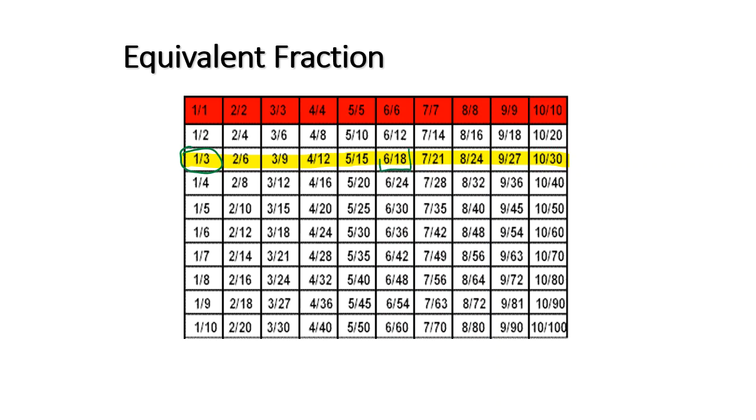Let's pick, how about 6/18? So if I pick 6/18 and I divide the top by 3 and I divide the bottom by 3, that reduces down to 2/6, and I could also divide by 2 again, and that reduces down to 1/3. So the 2/6 is in my list as well. So everything in each row, all the fractions in a particular row are equivalent.